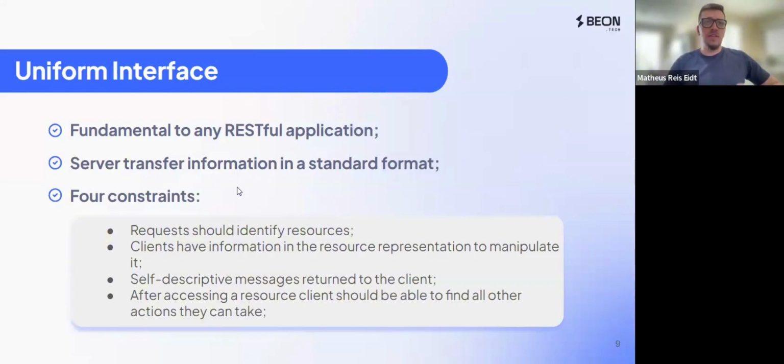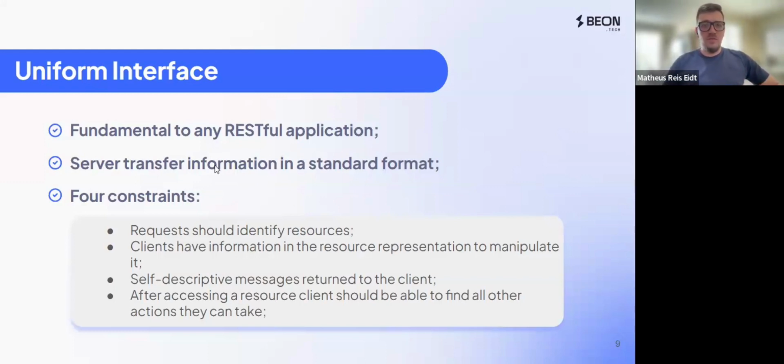What does this mean? This means that when we have the URI, for example, if we have an API for a library and we want to identify the resource book, we need to have one endpoint, for example, library/book.